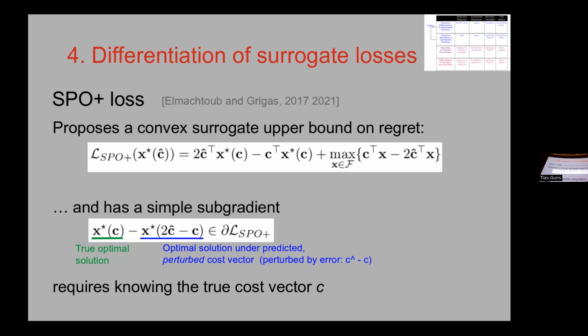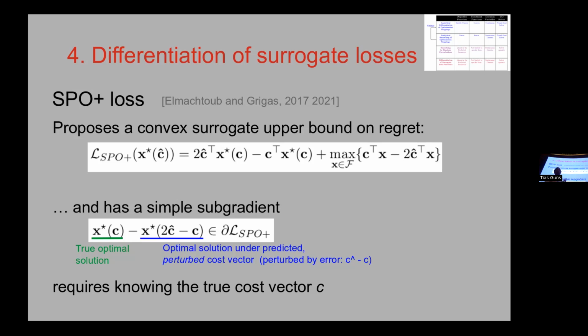So it means that you get a -1. So in your next iteration, you need to be lower, or the opposite. Okay, so that's the idea. So this works really well, but is specific to regret as a downstream loss function, and it assumes that the true cost vector C is available, which is a very fair assumption actually.